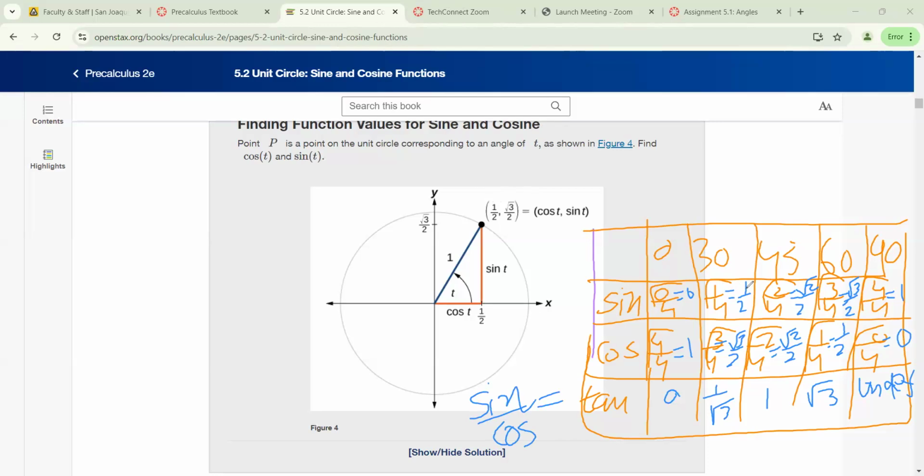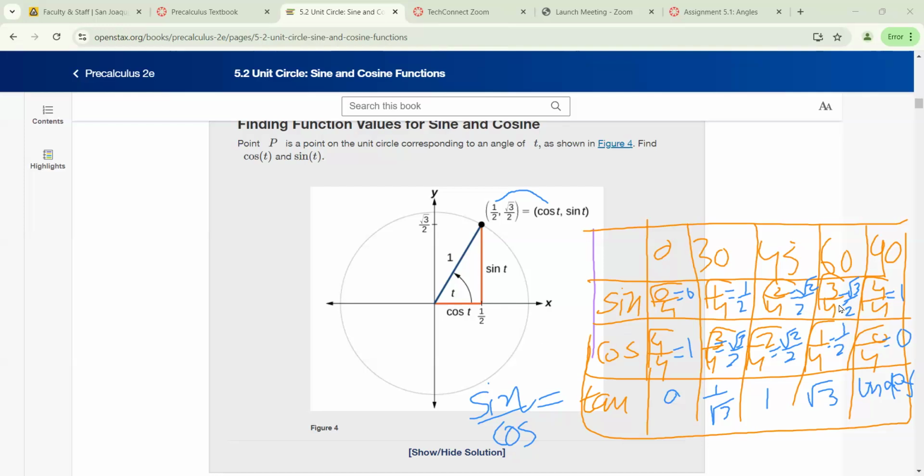1/2 sine cosine values. So the cosine value 1/2, sine value square root 3 over 2. Cosine value 1/2, sine value square root 3 over 2. So this angle is 60 degrees.